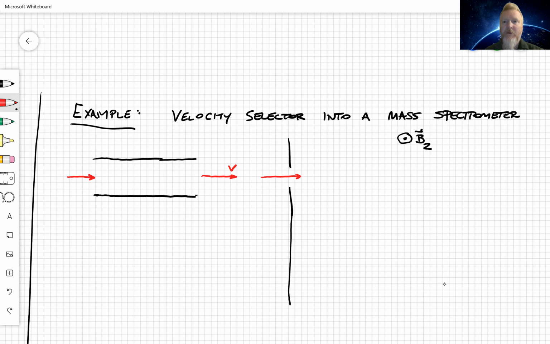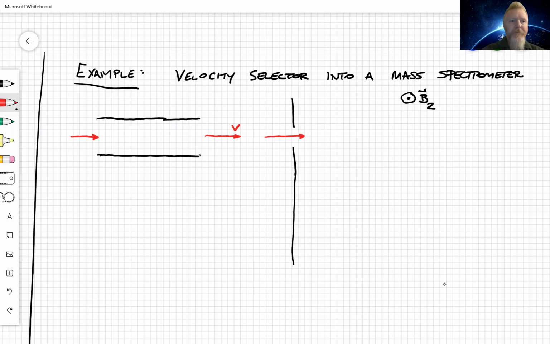Okay, so we're going to go through here. Suppose I hook these two plates to a battery. I'm going to put the positive charges down here, negative charges up on this plate, so that I establish an electric field between the plates.